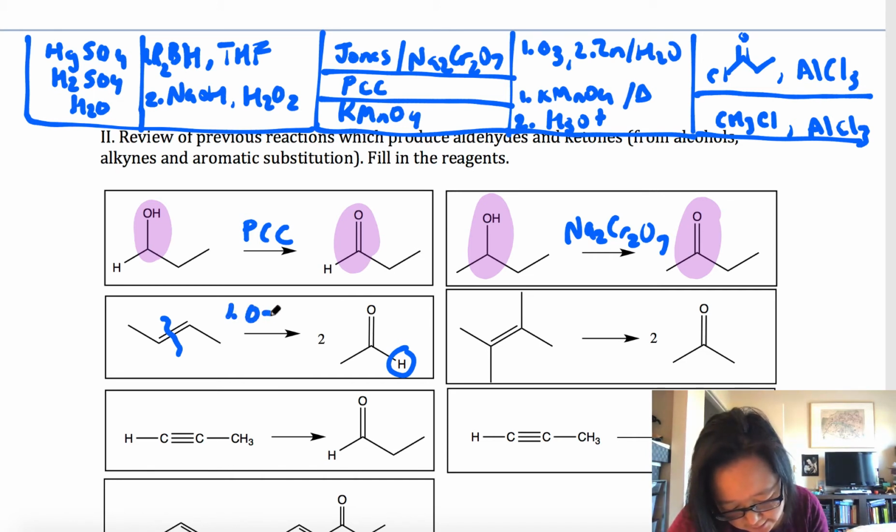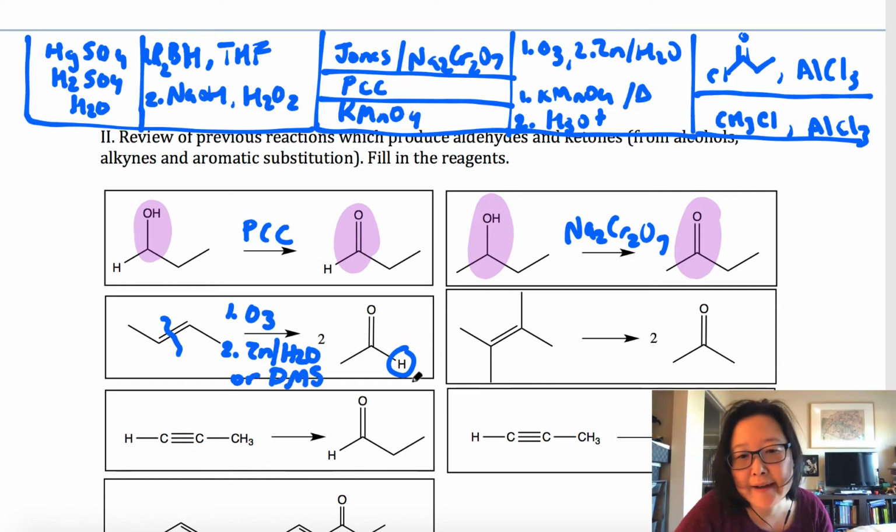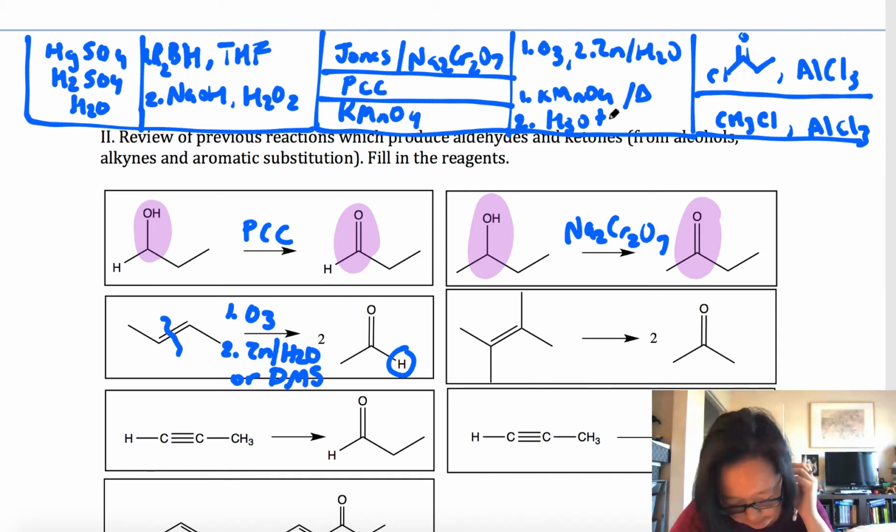So this is ozonolysis followed by reducing conditions: zinc is a reducing agent, or DMS, dimethyl sulfide, is another reducing agent that will keep it at the aldehyde rather than fully oxidized to carboxylic acid. If you want to fully oxidize this to carboxylic acid, you'd have to use the cleavage with hot KMnO4, heat, and an acid workup. So just FYI.